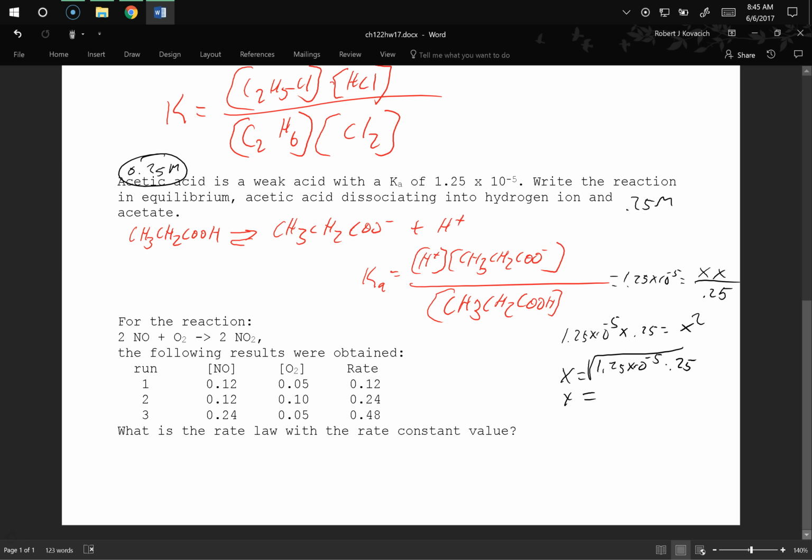And what would that be? Square root of 1.25 e negative 5 times 0.25 equals 0.0018 molar.